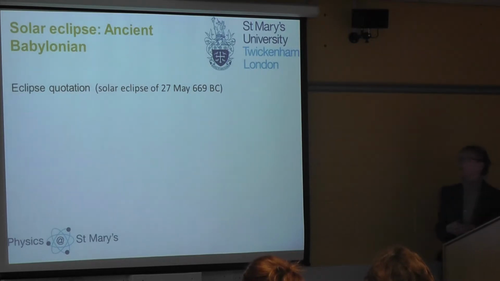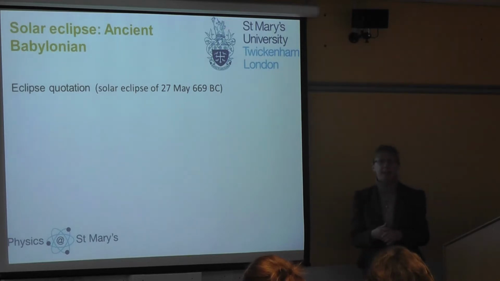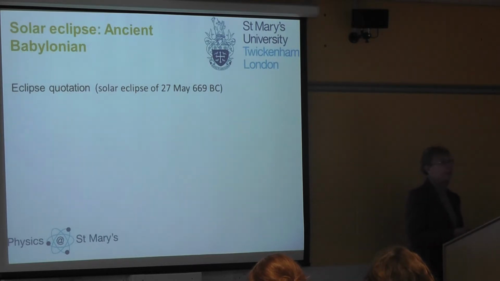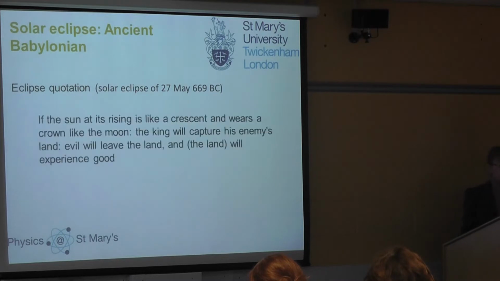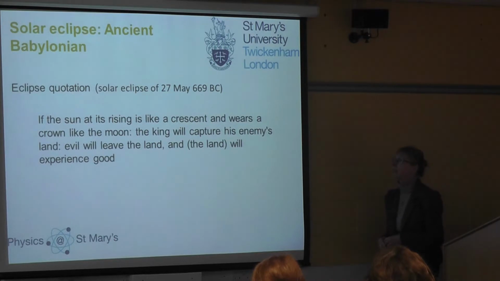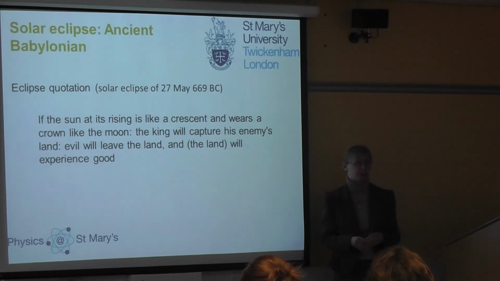There is an eclipse quotation in one of the tablets found in Babylon. It refers to the solar eclipse that happened on the 27th of May, 669 BC, and it says, "If the sun at its rising is like a crescent and wears a crown like the moon, the king will capture his enemy's land. Evil will leave the land, and the land will experience good."